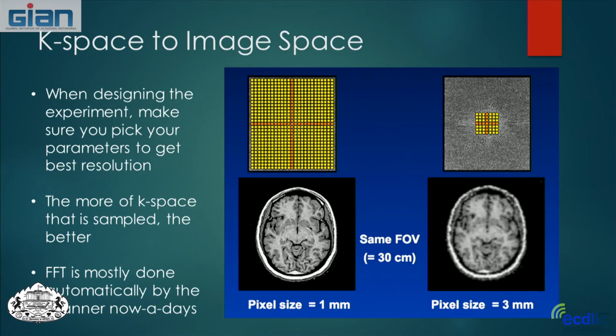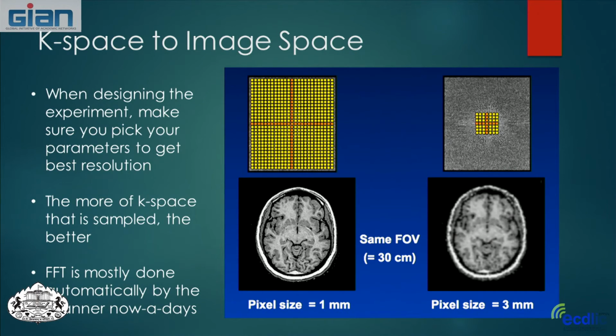So in the left column here, we see that we sampled all of K-space, and our pixel size was 1 millimeter, or our voxel size. Pixel, again, being the two-dimensional picture element, voxel being the three-dimensional.